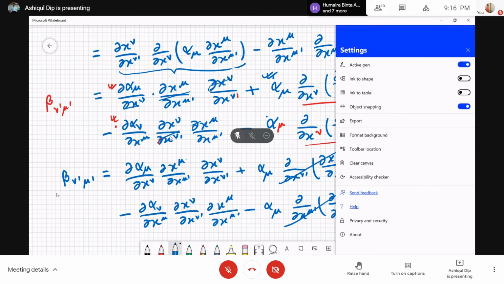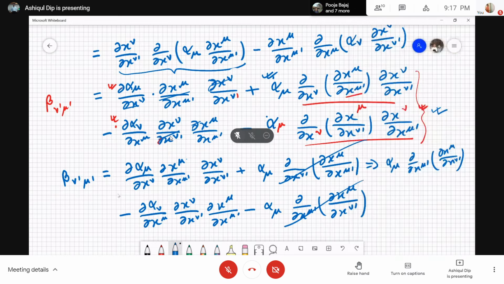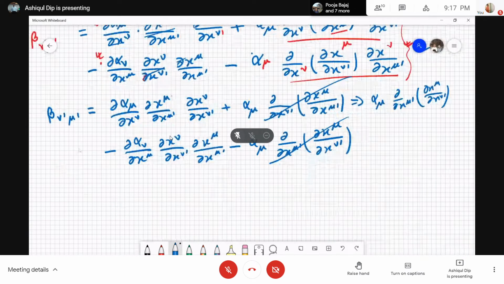Let's factor out delta x mu by delta x mu prime, and also factor out delta x mu by delta x mu prime.